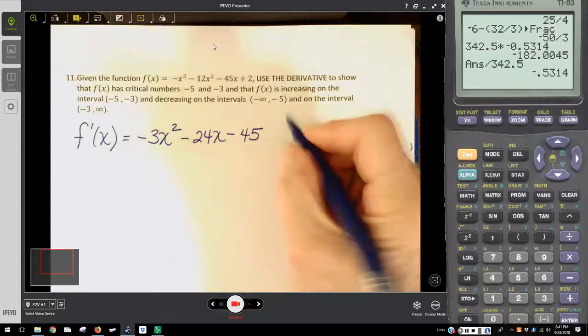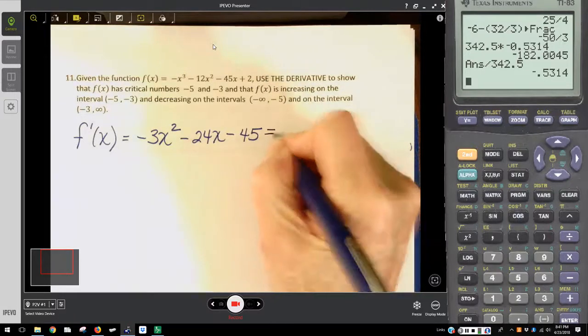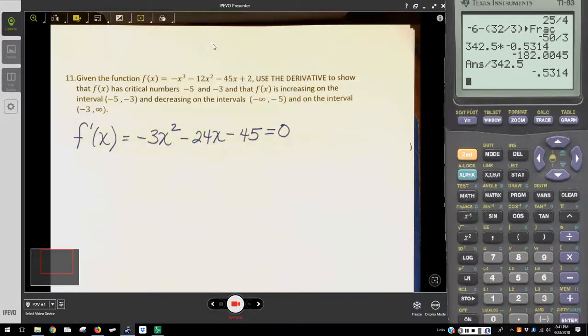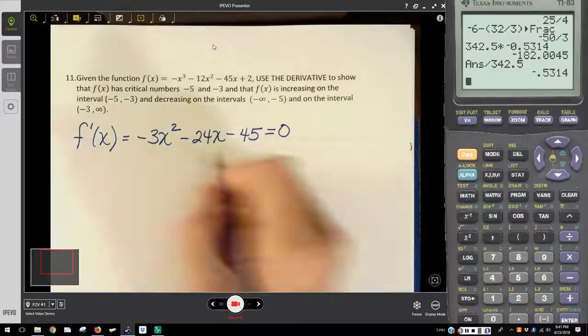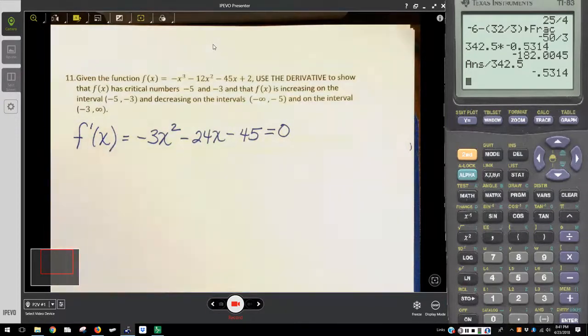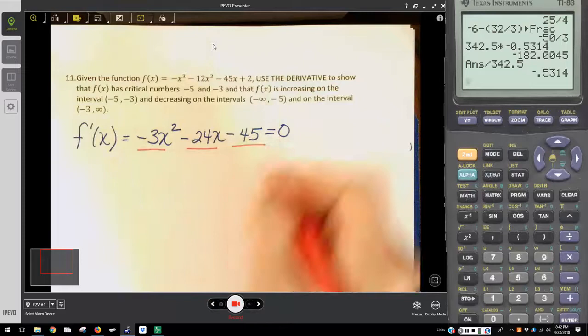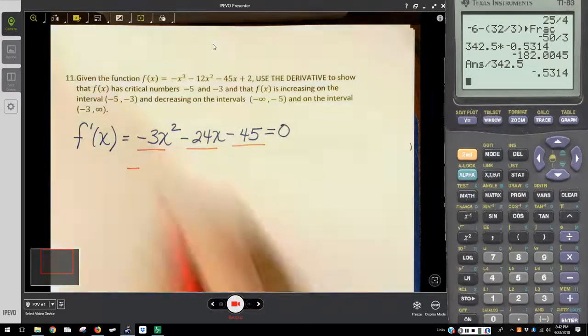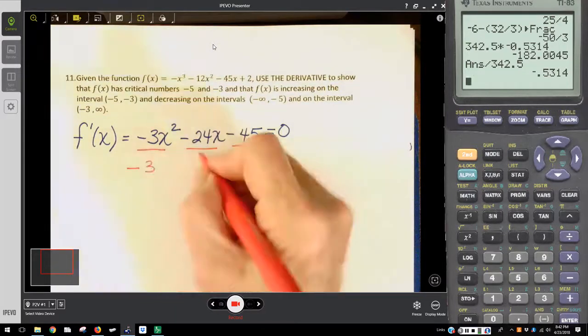And we know that we find critical numbers when the derivative is equal to 0. The first thing that I notice here is that every term of the derivative not only is negative, but it also can be divided by 3.